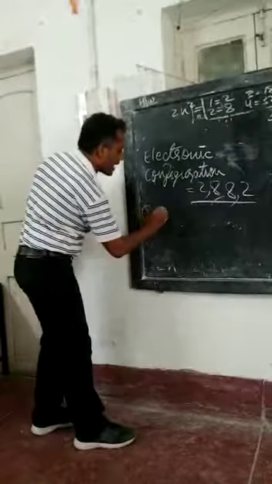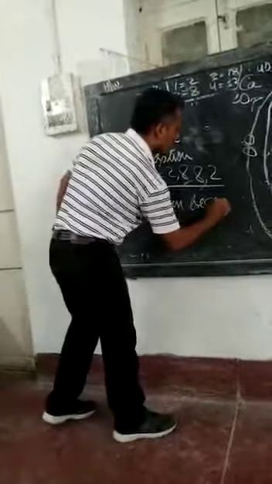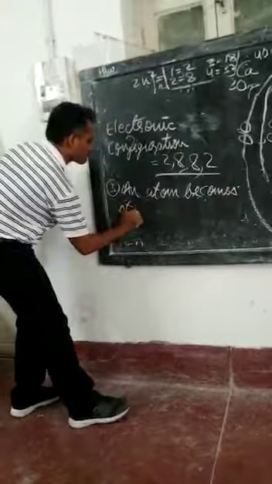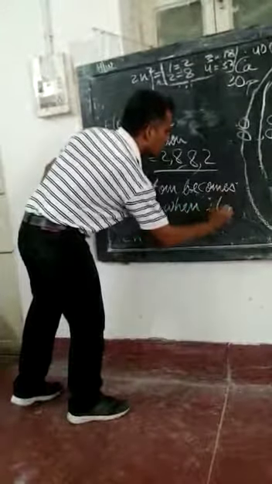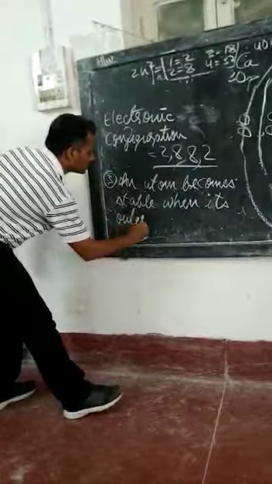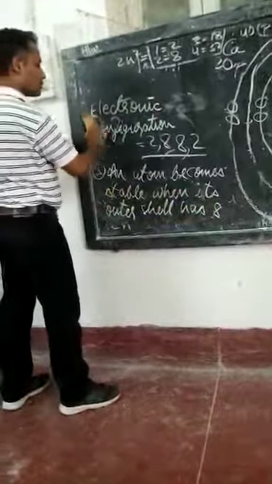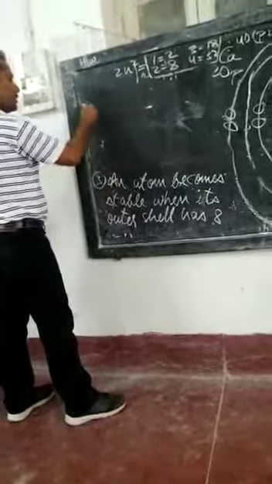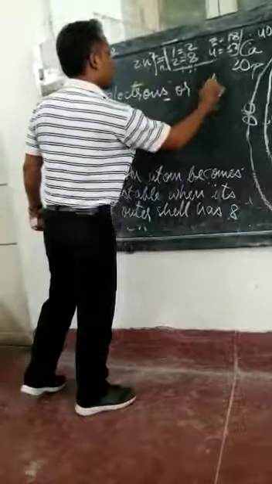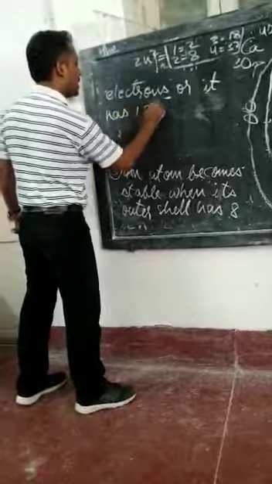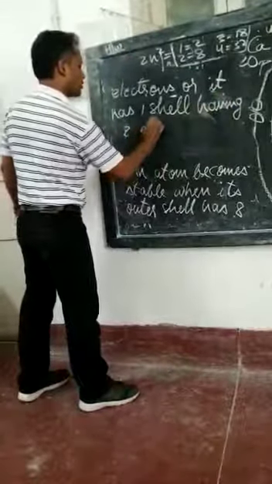The third point is an atom becomes stable when its outer shell has 8 electrons, or having 2 electrons.